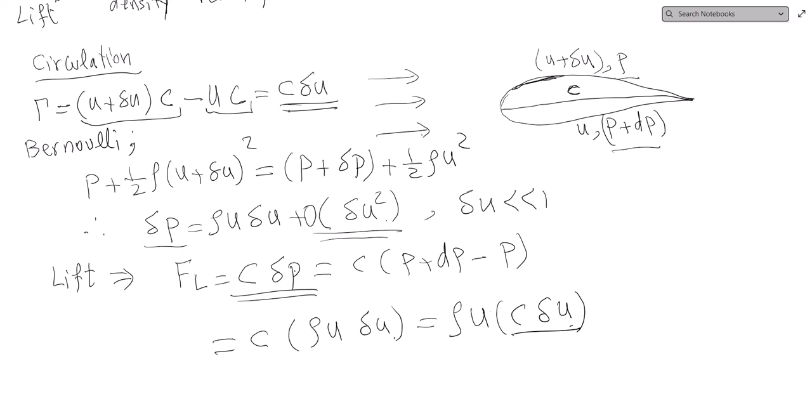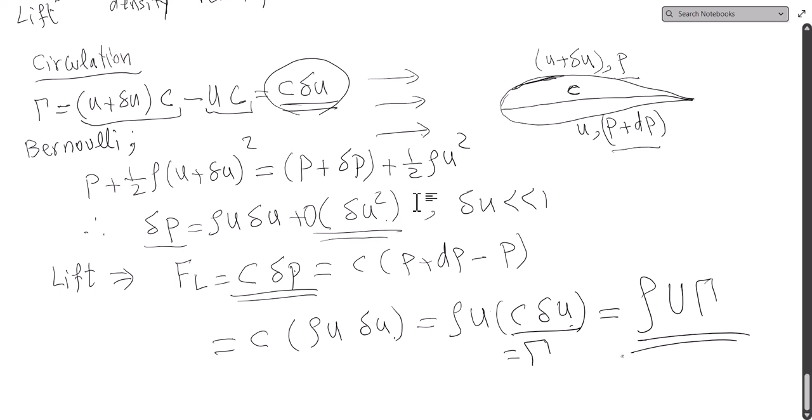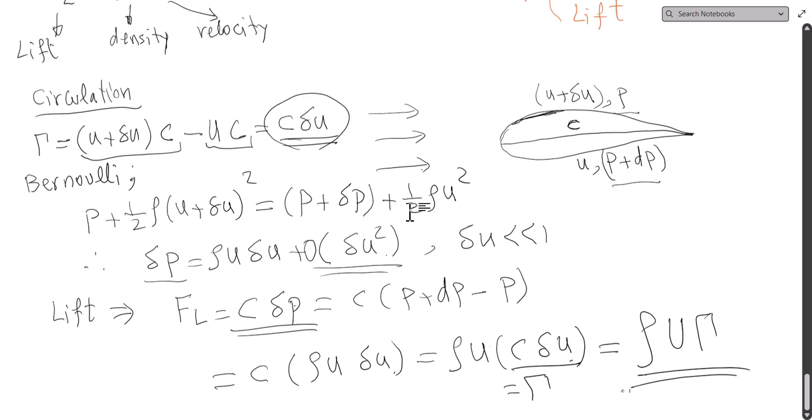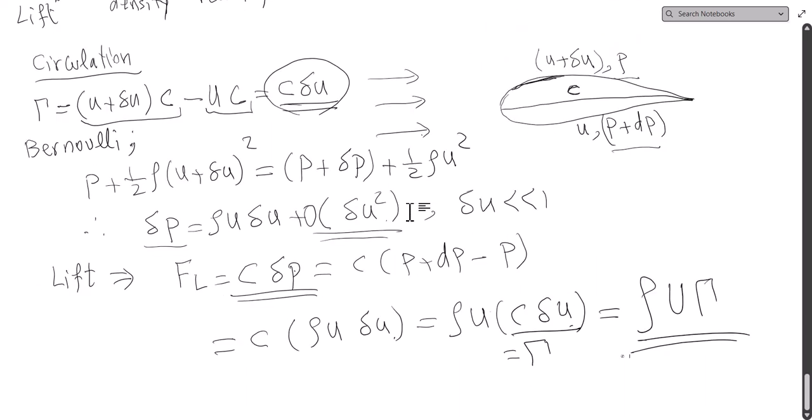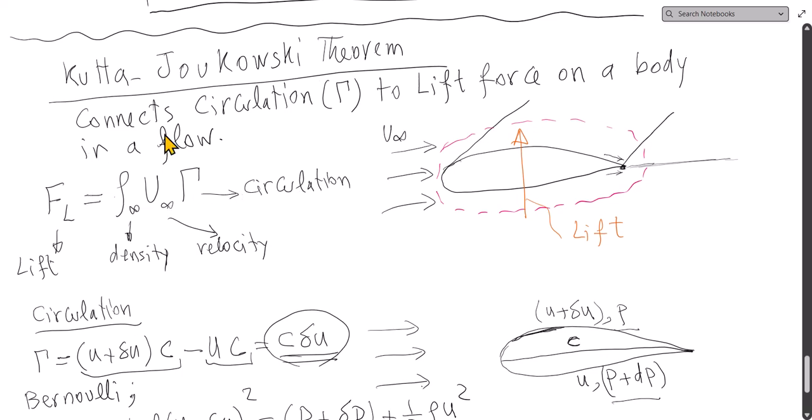But C delta u I just calculated is actually gamma. And then I get my formula rho u gamma. So this is a very rough calculation. As I mentioned, there are more rigorous ways of coming to the same conclusion, but the formula stands, and it is used in aerodynamics.